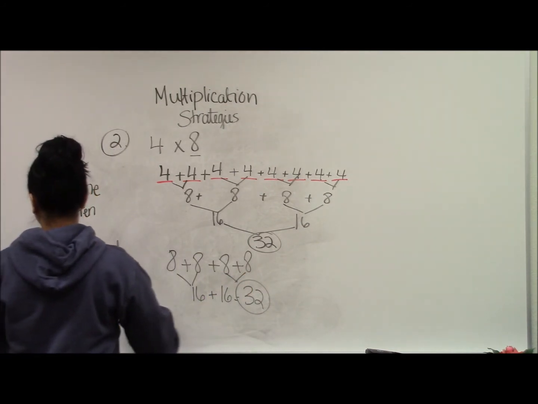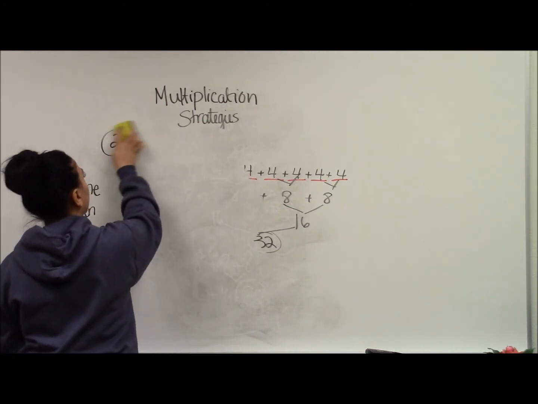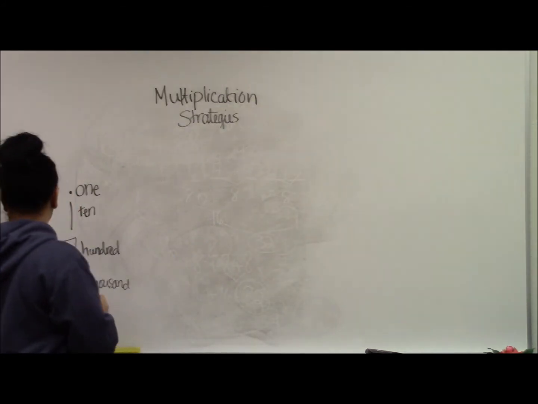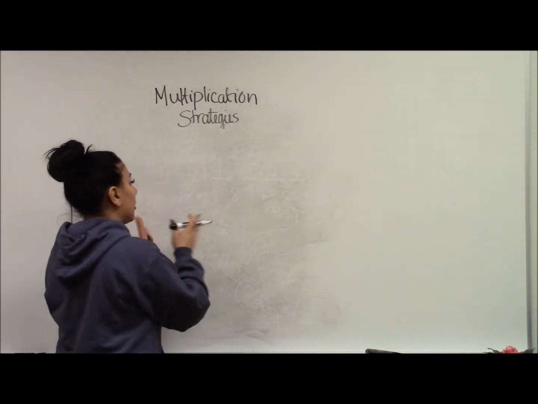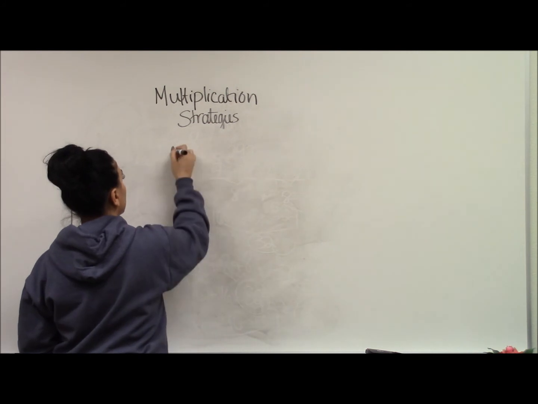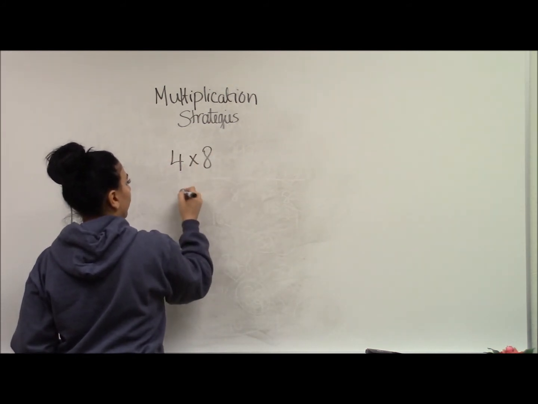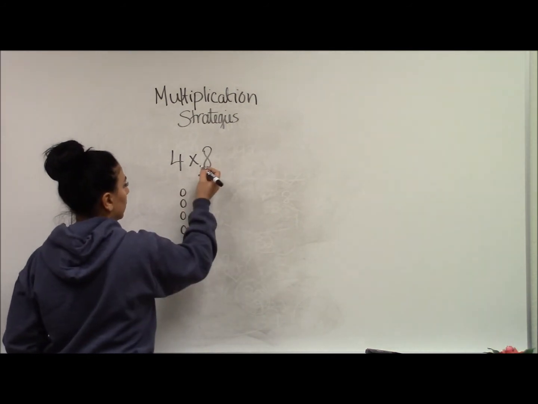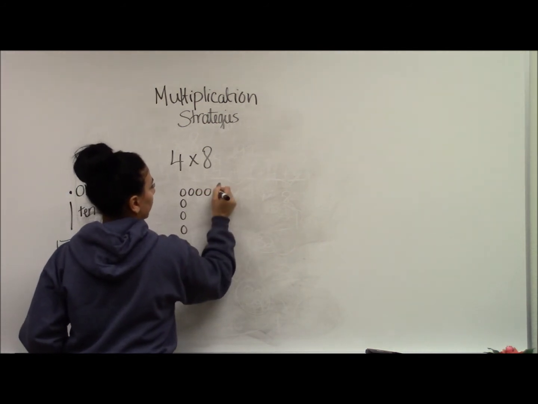Okay, I have one other way that I want to show you guys how to do it. I want to show you now what we call our array. An array is coming from just having equal groups in rows and columns. So if we are doing 4 times 8, we are going to make 4 rows, and we are going to put 8 in each row.